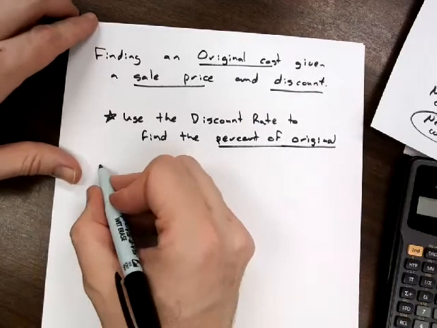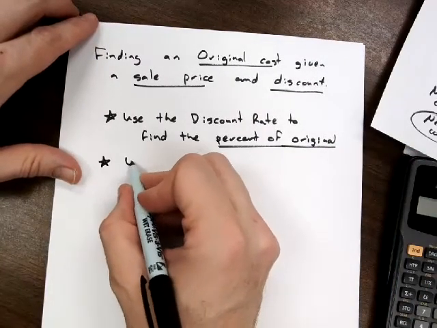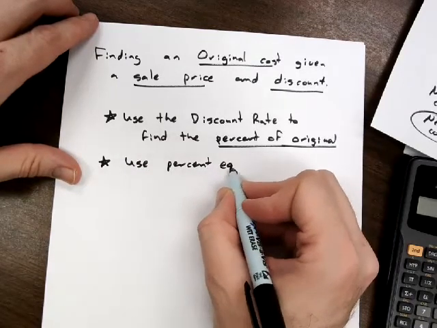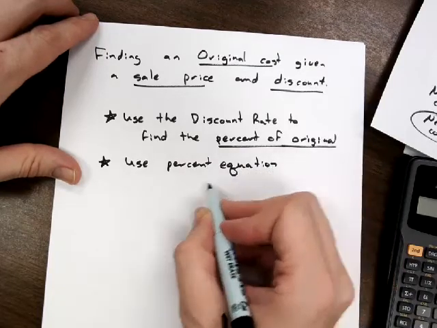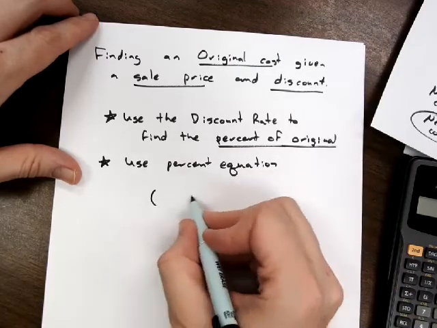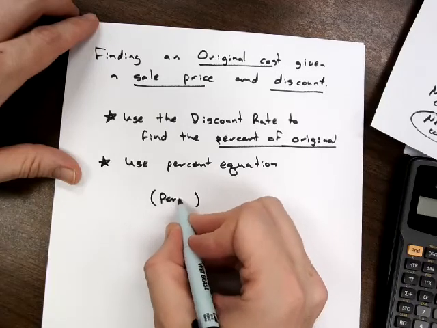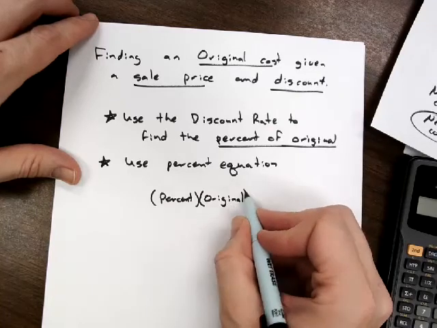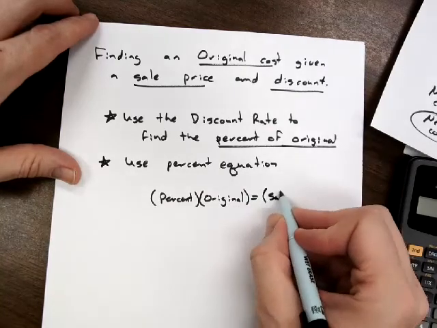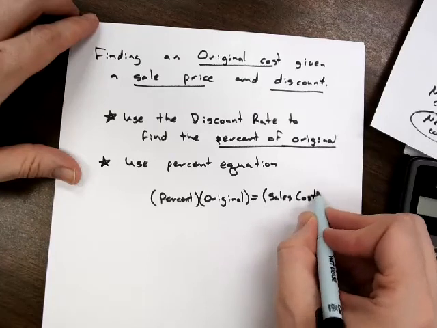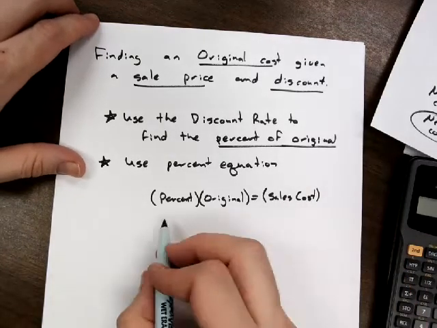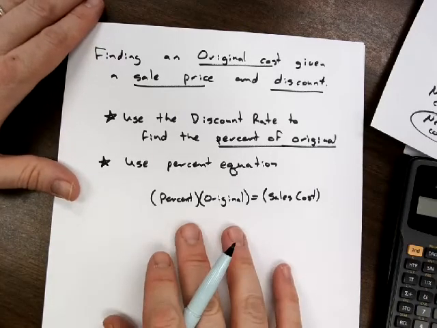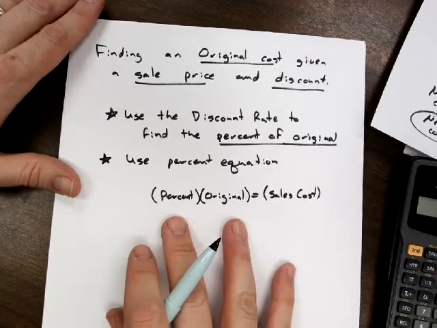And then we're going to use the percent equation, in which case we're going to have this percent times our original is going to be equal to our sales cost, or sale price. And there's another way of thinking about this as well, but perhaps I'll get to that in a little bit.